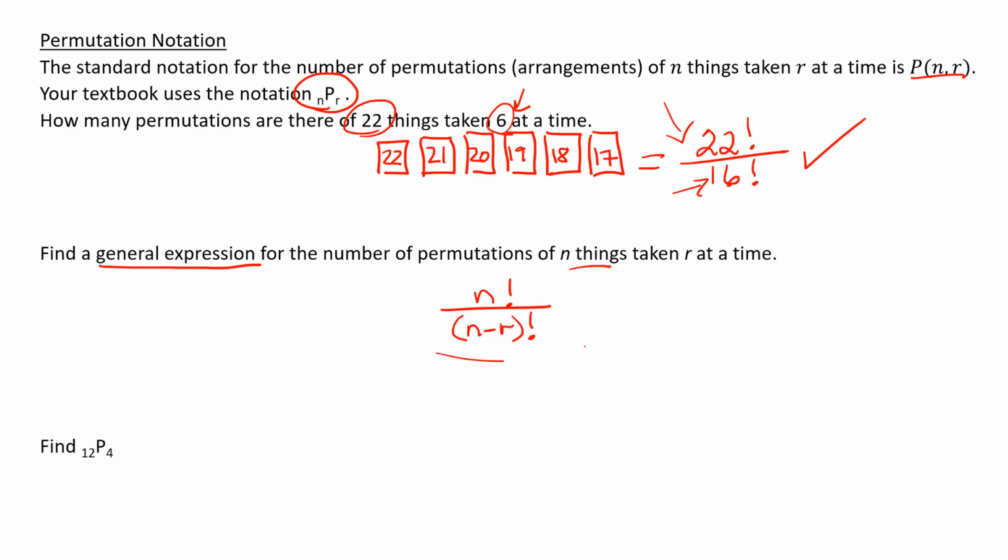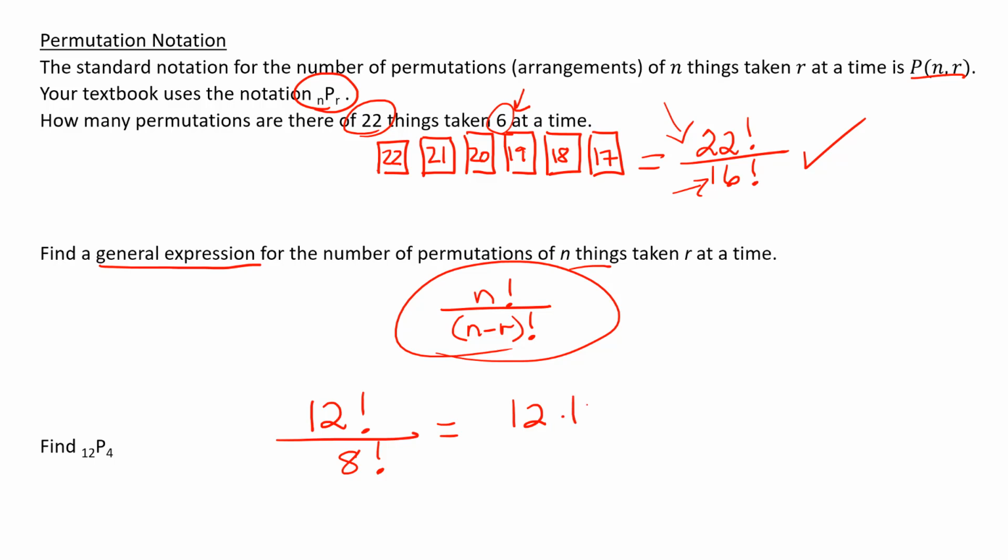So this is a general expression for how to find the number of permutations of n things taken r at a time. If I want to find the number of permutations of 12 things taken 4 at a time, I can just put it into this expression: 12 factorial over 12 minus 4, which is 8, so 8 factorial. That is 12 times 11 times 10 times 9, and that's what we would have gotten anyway.